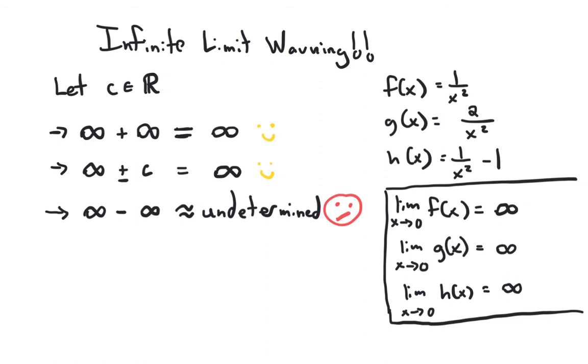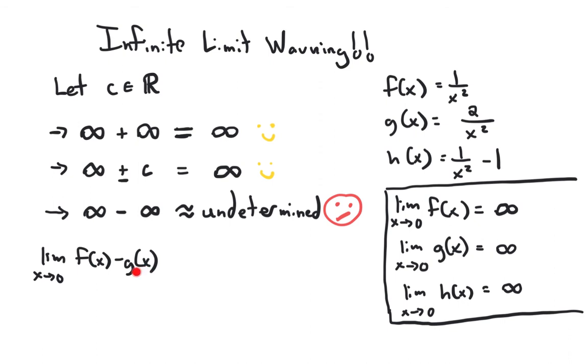The key for this is just making sure that you approach 0 from both the left and the right, and the type of infinity matches up. So let's look at the limit as x approaches 0 of f of x minus g of x. This limit would be infinity, and this limit would be infinity.